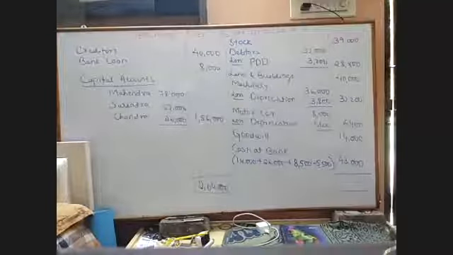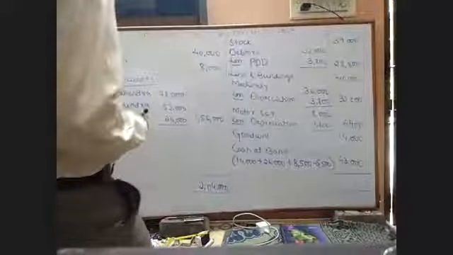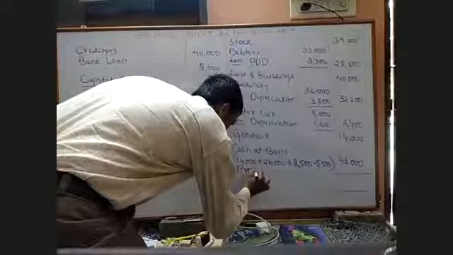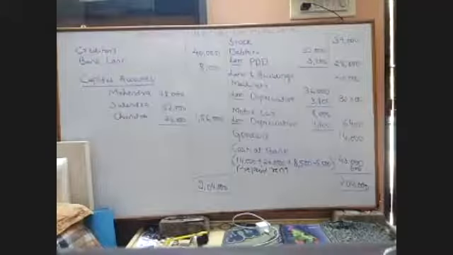Prepaid rent we have not taken exactly. The unrecorded asset that we had forgotten, 600 rupees. So this will also be 2,04,000. Has it come exactly the same for you too? Yes, sir. 2,04,000.